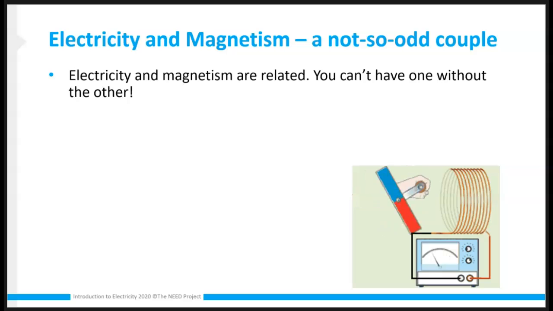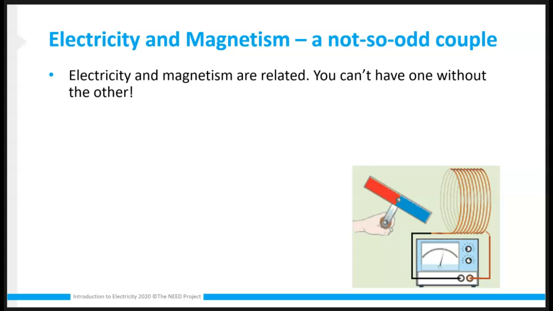Every time a magnetic field changes, an electric field is created. Every time an electric field changes, a magnetic field is created. Think of it as three variables: motion, magnetism, and electricity. If you have two, you can provide the third.